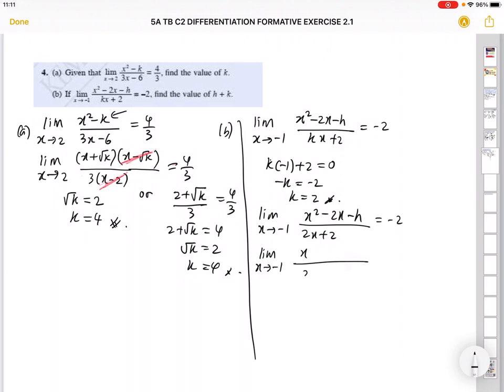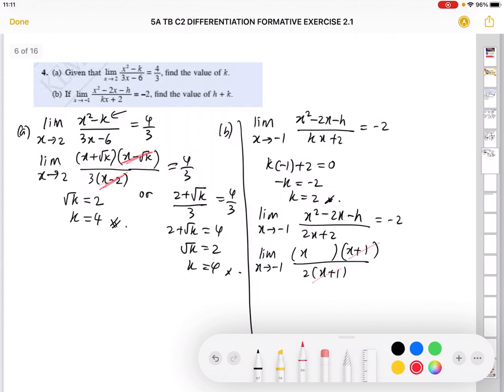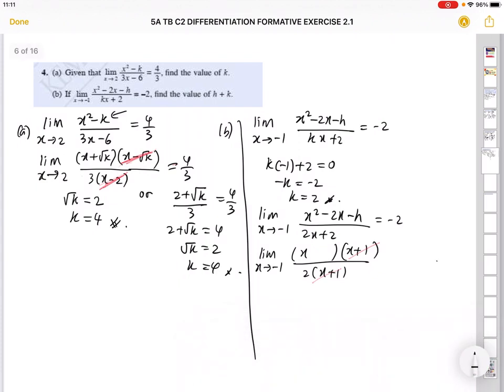At the same time, I'm going to factorize the numerator. I know I should be able to cancel this out. So to cancel this out, what do you think I should put inside? See, I have a negative h here, so obviously this must be negative h.